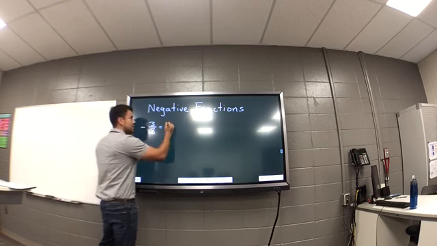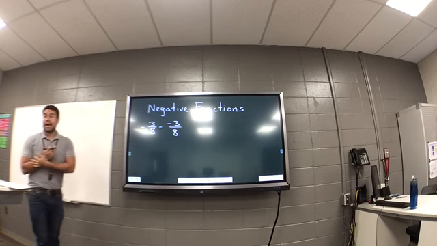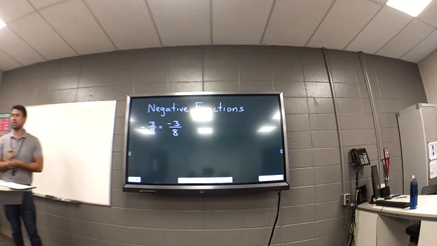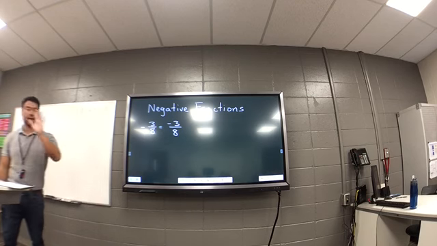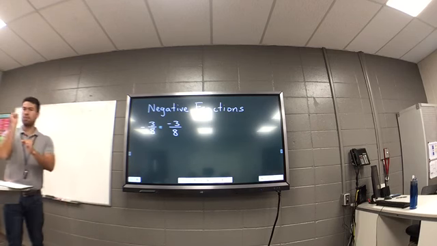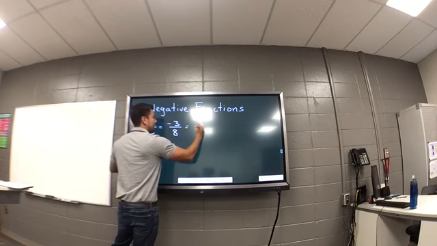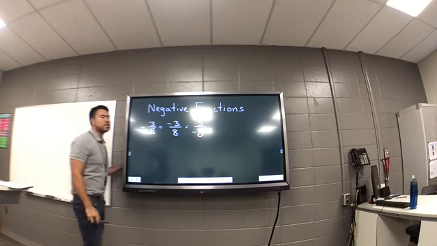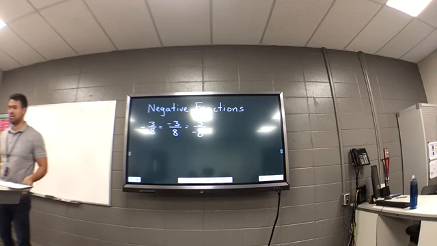You can also write this number negative 3/8, and that is still negative 3/8, or the opposite of 3/8. Does anyone know how else I can write it? There's one other way I can write it. It still has the same value, just by moving that negative. 3/8. They're the same thing.